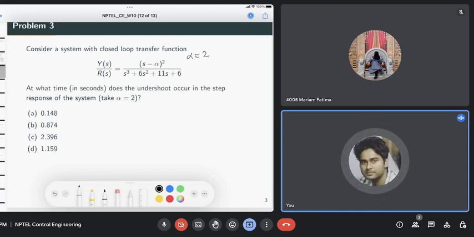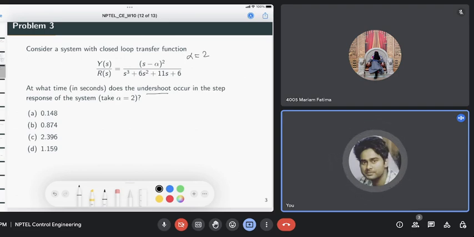We will observe some kind of undershoot also, where the response will reverse its direction for the unit step, and we will have an undershoot. Usually we have overshoot, but here because of the presence of this right half plane zero, we will have also undershoot. So we want to find at what times this undershoot will occur.